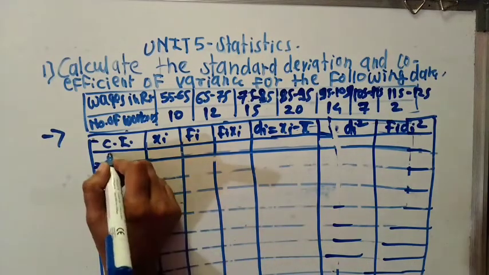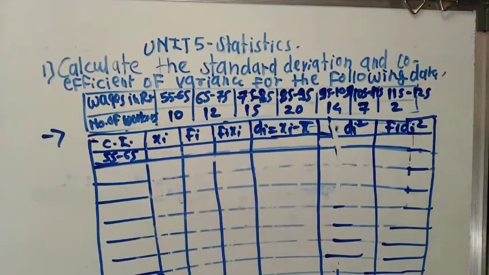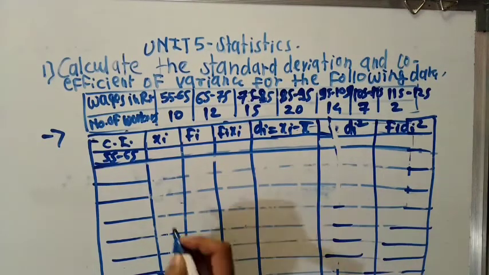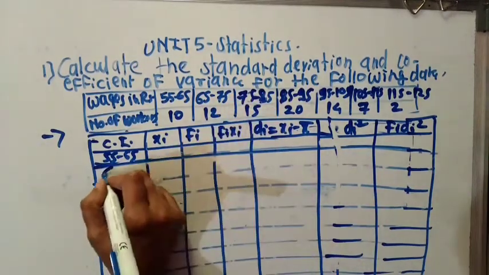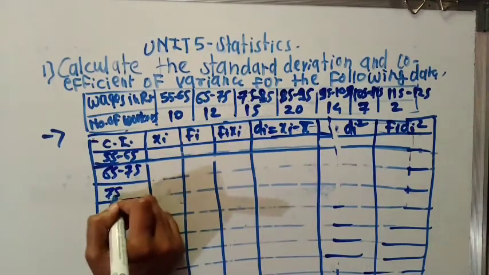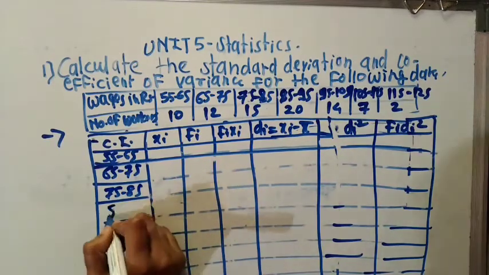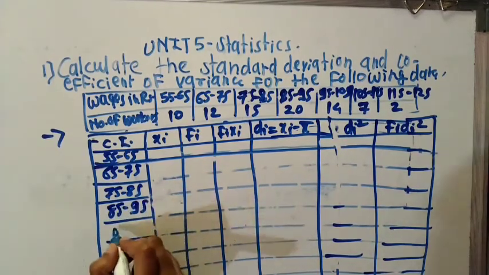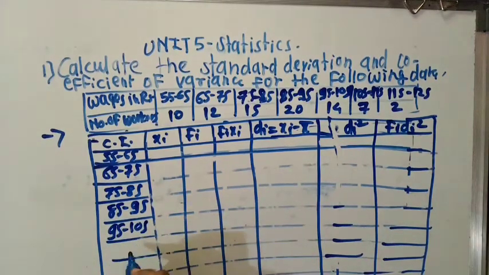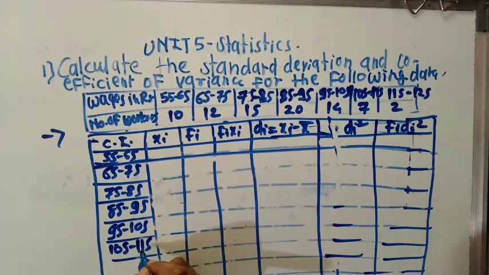Then first the class interval is 55 to 65, then 65 to 75, 75 to 85, 85 to 95, 95 to 105, 105 to 115, 115 to 125.